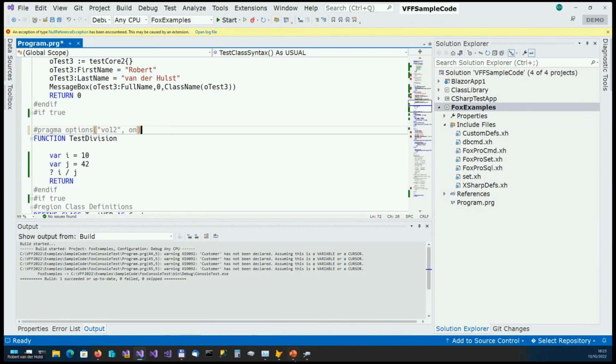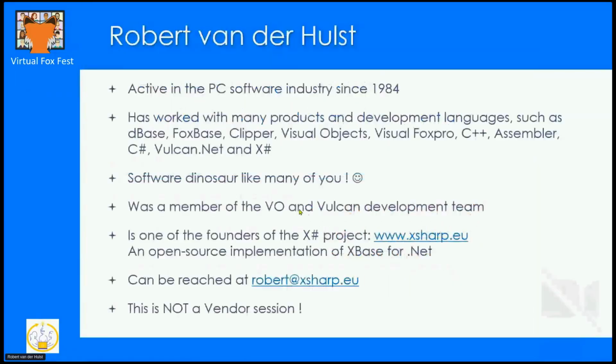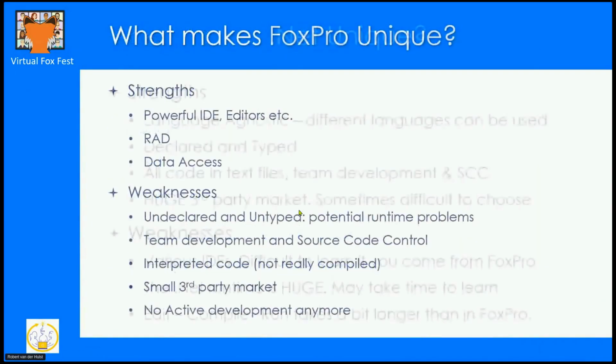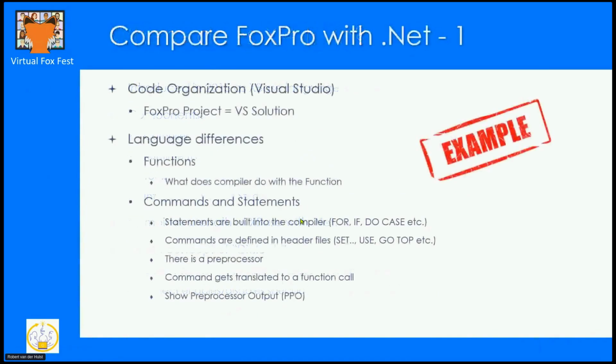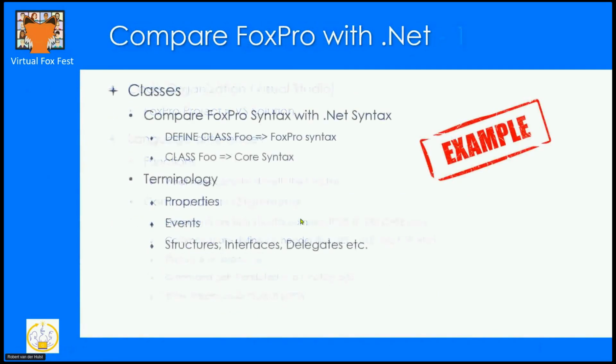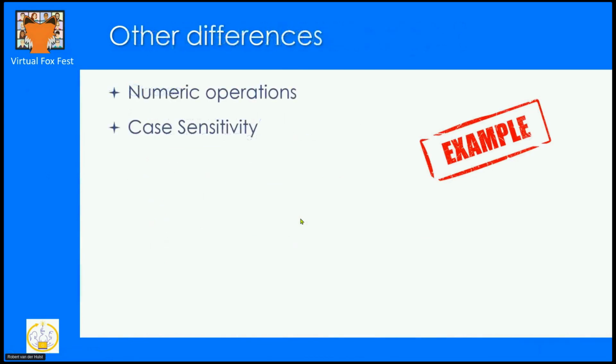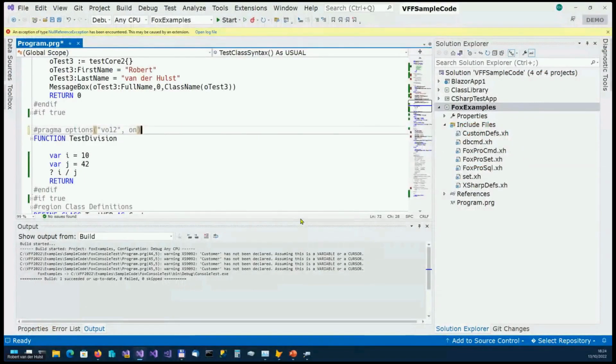Okay, let me look where I am. What's also important to realize is that our languages, the X-base languages, are not case sensitive. So I can type test division in any casing and it will still run.